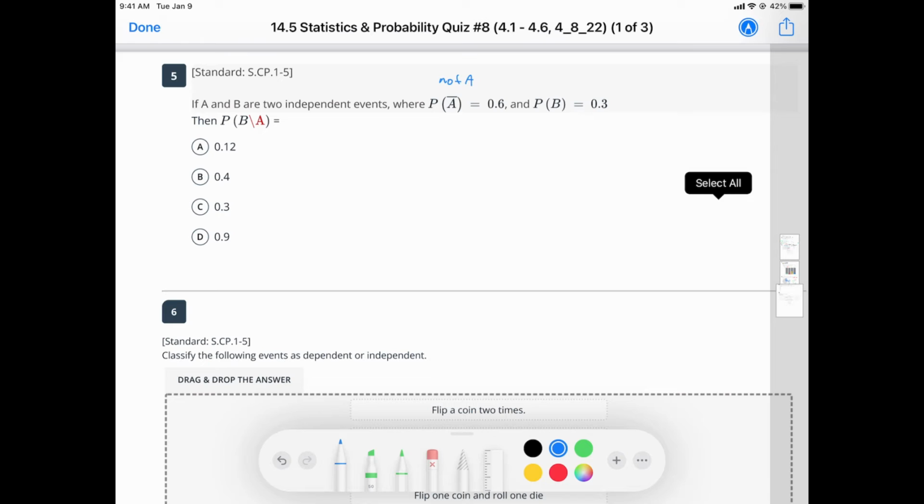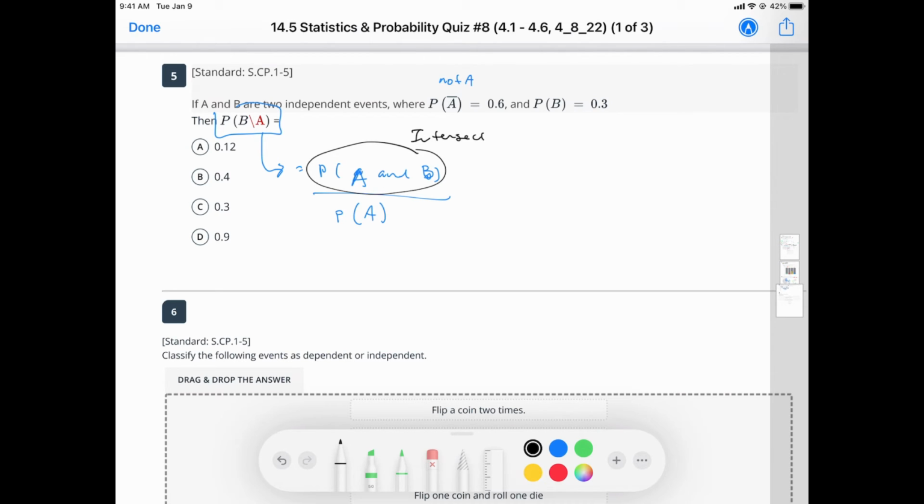The conditional probability formula is equal to the probability that A and B happen over the probability that A happens. Let's make these capitals. And just to review, this is the intersection of A and B, which can also be the same thing as the probability of A times B.